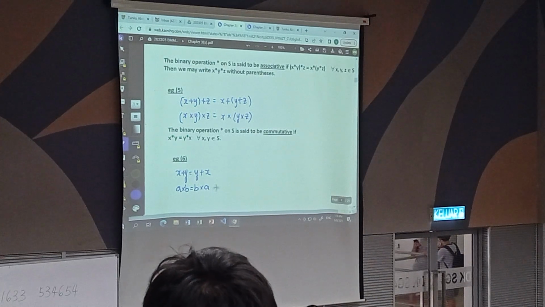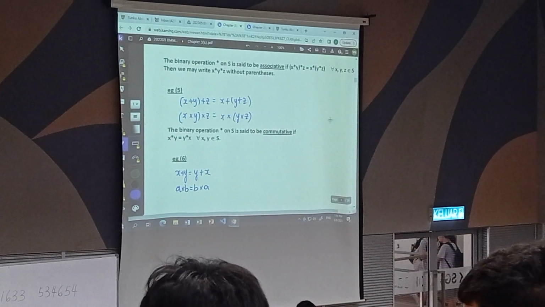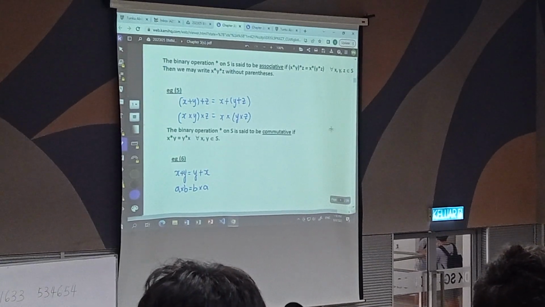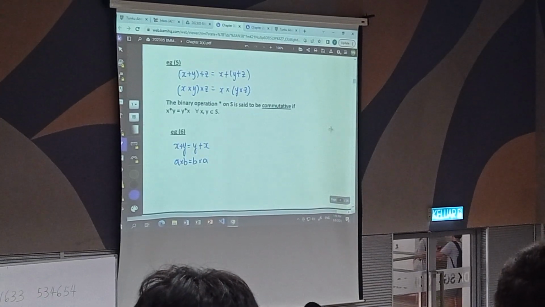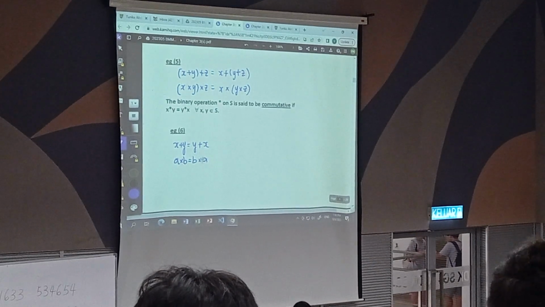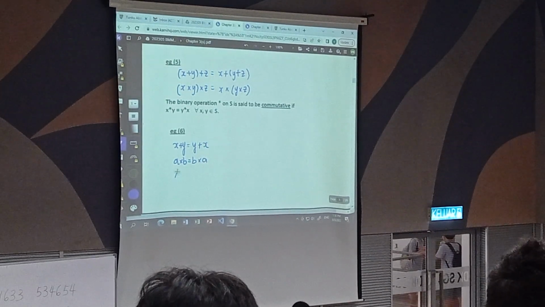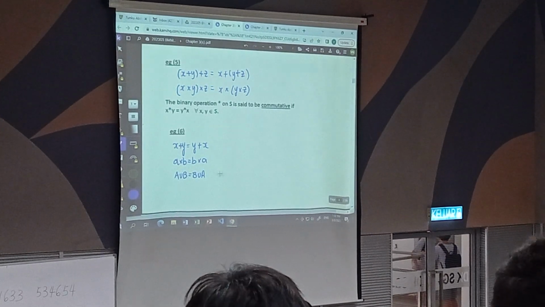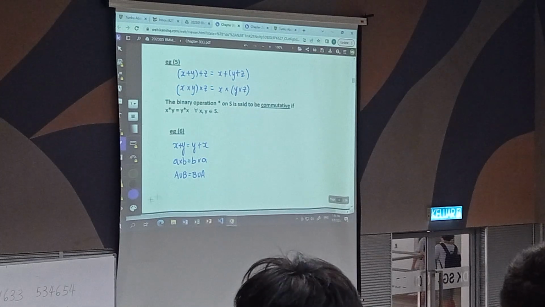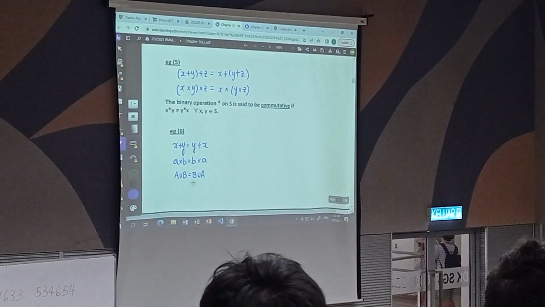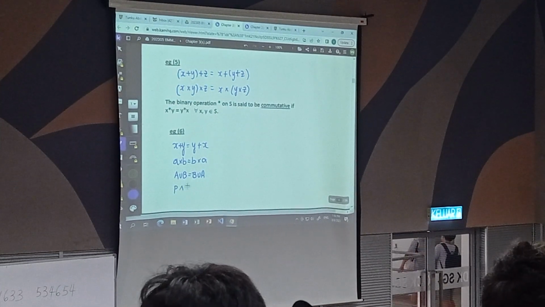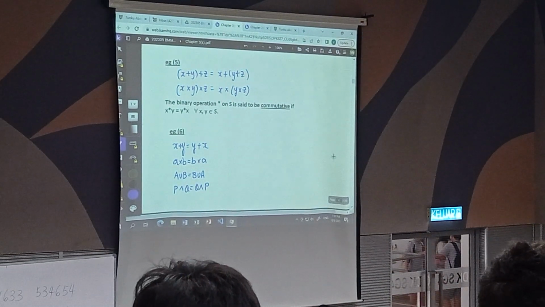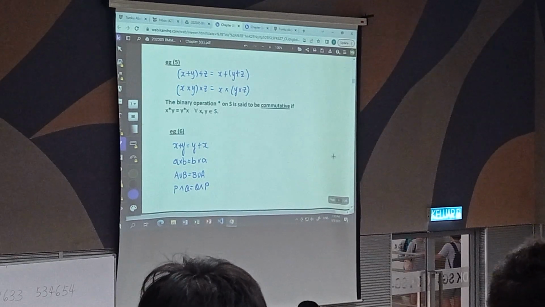Any other operator? Can I say x minus y equals y minus x? Cannot. So we give examples that can be equal for commutative. Can I say A union B equals B union A? Yes. Can I say P and Q is equivalent to Q and P? Yes.